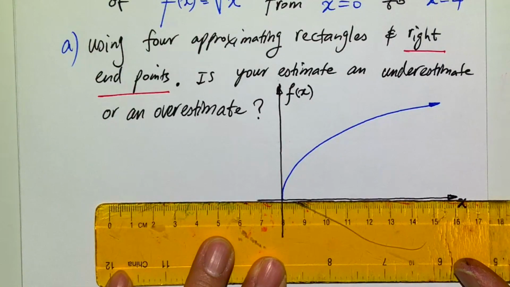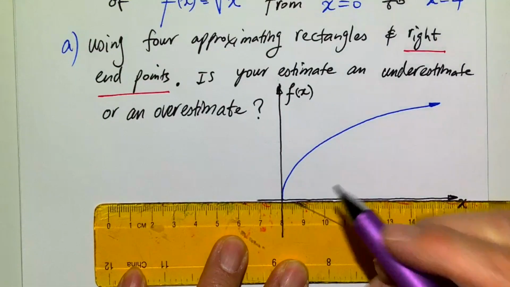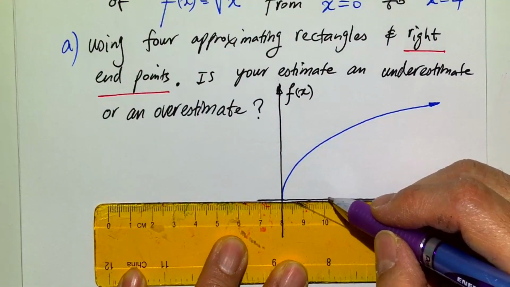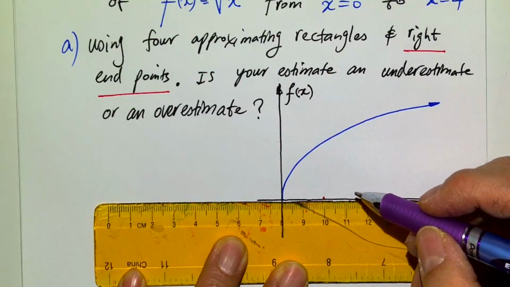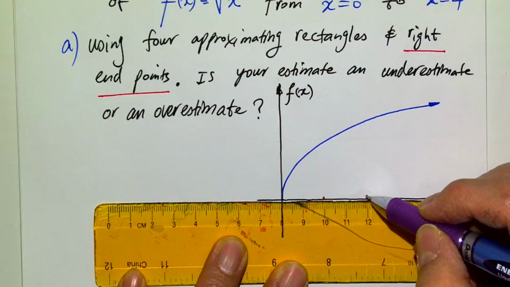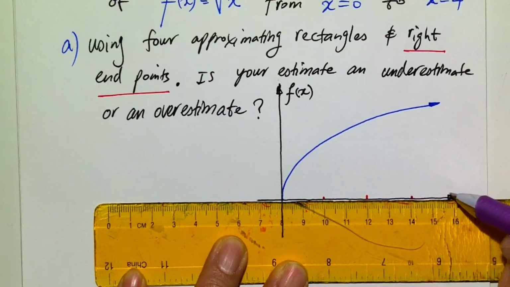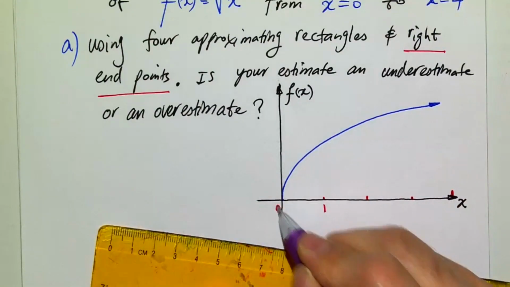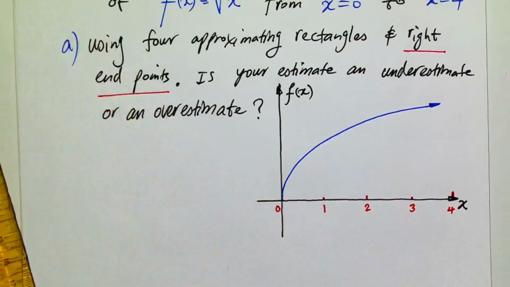So 1, 2, 3, and 4. I barely fit it here. So 0, 1, 2, 3, and 4.